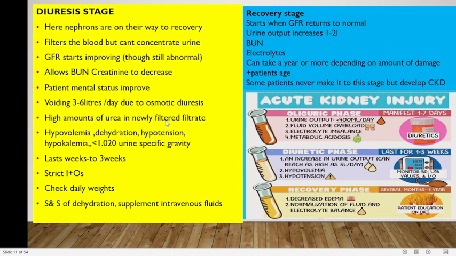As a result, when you have more fluid voiding out, you get hypovolemia, dehydration, hypotension, hypokalemia. And we'll have decreased urine specific gravity. This process normally lasts for weeks to 3 weeks.